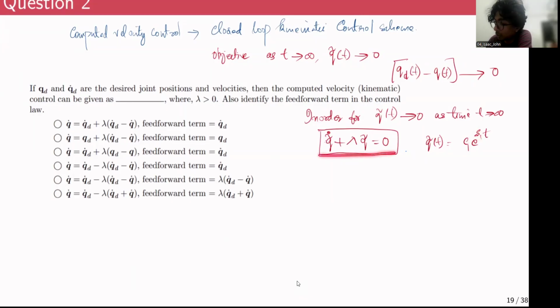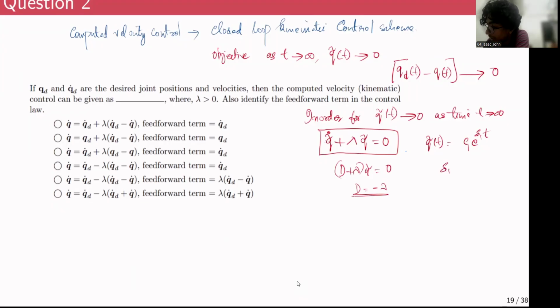So the homogeneous solution for this system can be solved by solving this algebraic equation. How would it look? D plus lambda, applied to q tilde, should be equal to 0, and D would be minus lambda.